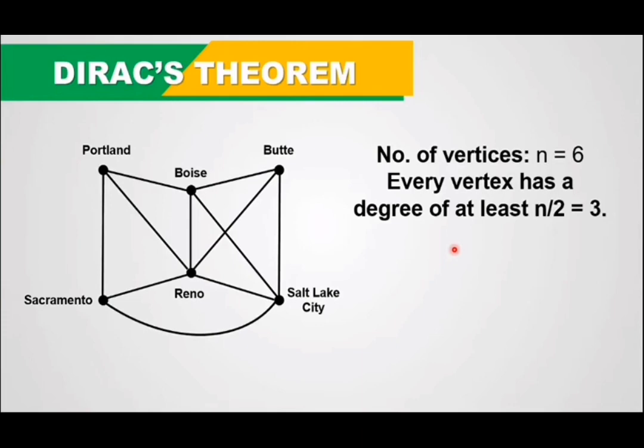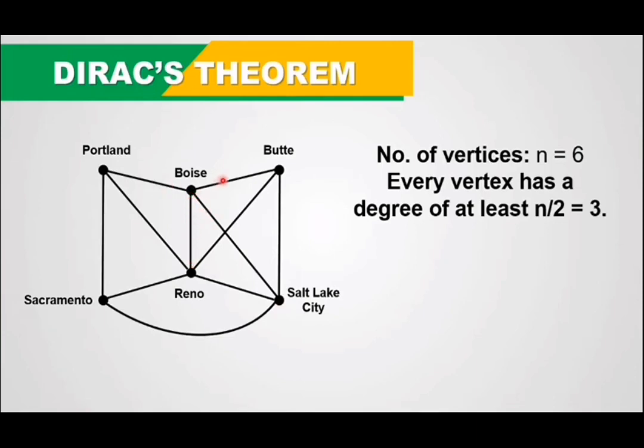So it has a degree of at least 3, at least half of the number of vertices. For example, Portland has a degree of 3: 1, 2, and 3. Butte has a degree of 3: 1, 2, 3. Boise has a degree of 4: 1, 2, 3, and 4.